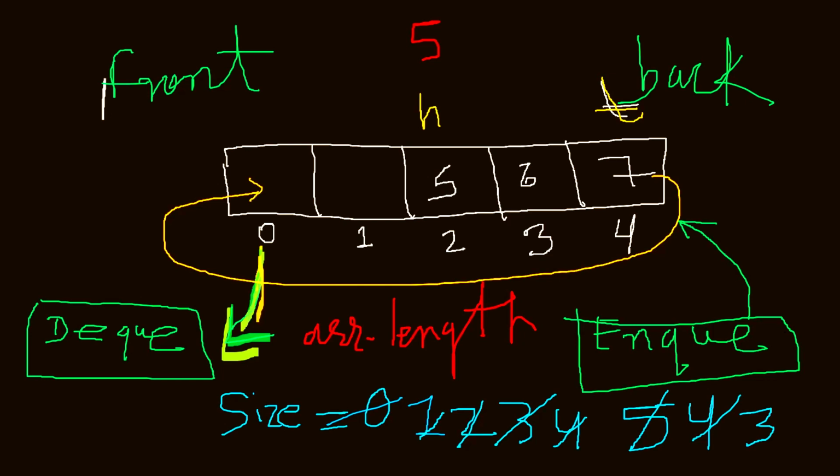If an element is present over there, that means the array is already full. If no element is present, the tail will come back here and insert a new element over here. Let me show you with an example.